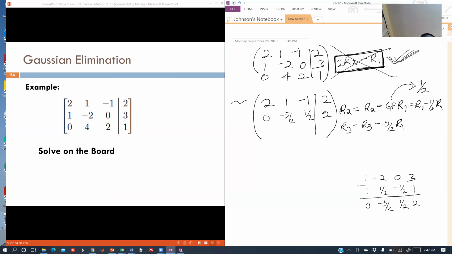And when we go through this, everybody agrees that it will be the same as the row 3, as 0, 4, and then 2, 1. So this is what we have as the first iteration of Gaussian elimination.